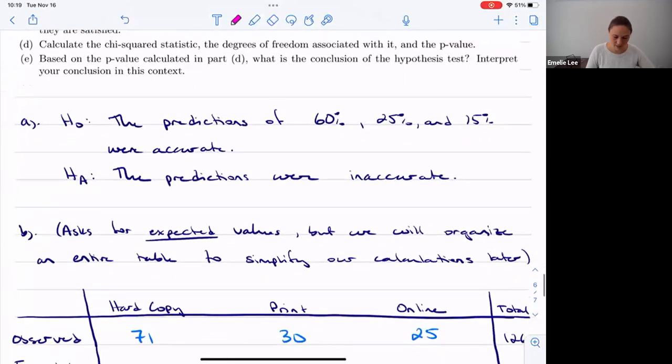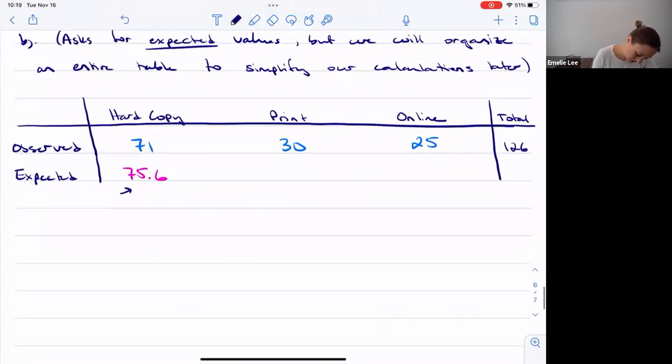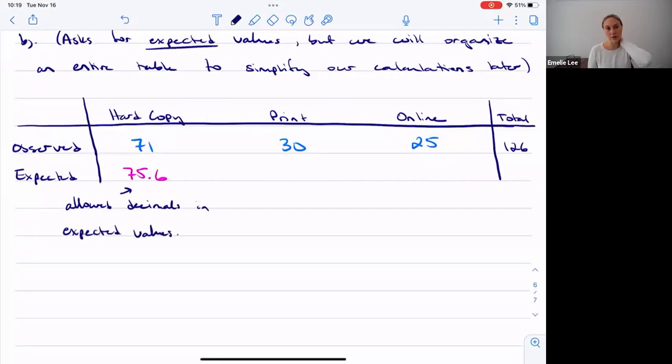I expect 75.6 students, and we're allowed decimals in expected values. That seems weird, right? Because we can't actually have 0.6 of a person buy a hard copy, but we can expect 75.6 people.